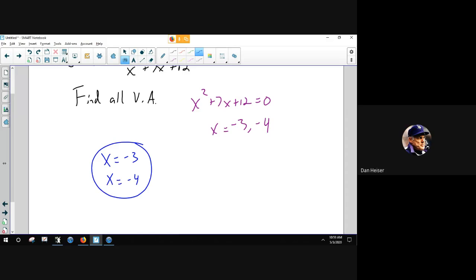So we have our two values. x equals -3, x equals -4. Those are the two values that give us our vertical asymptotes. So if we were to graph this, I don't entirely know what this function looks like, but I do know that at -4 and -3, we would have those two asymptotes.